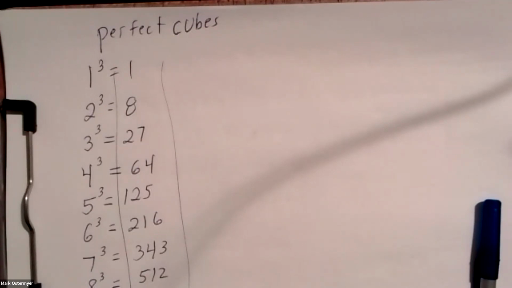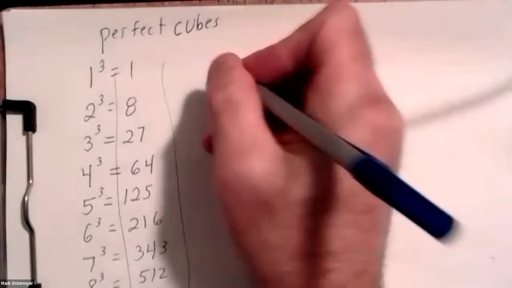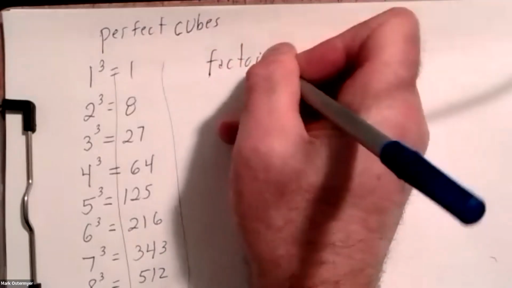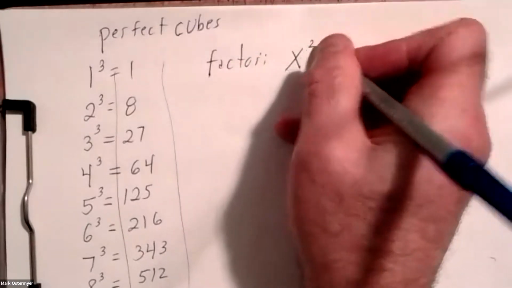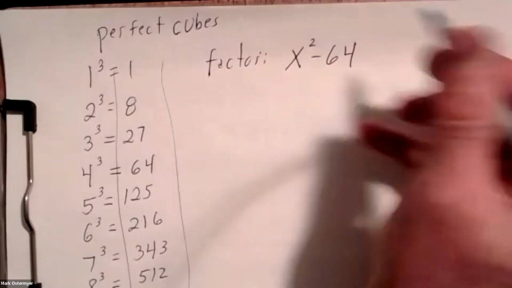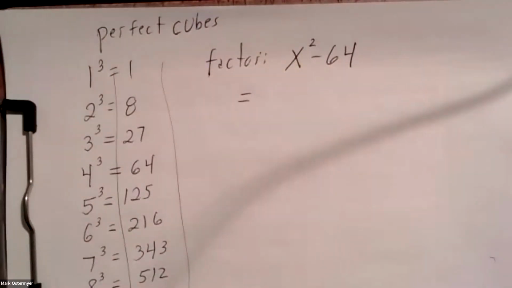All right. So now that we've seen some perfect squares and perfect cubes, that's going to help us to more accurately factor difference of squares or difference or sum of cubes. Let's see if we can now factor a couple of these. What would be x squared minus 64? Well, it's a binomial.